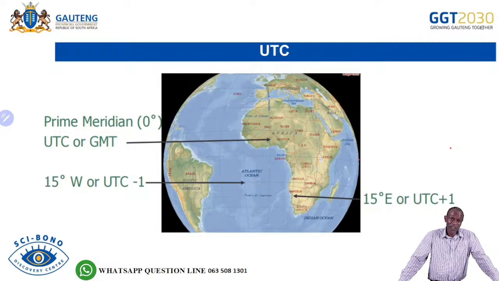We have alluded to the fact that the space between the two longitudes represents 1 hour, or a rotation of the Earth by 15 degrees. So 15 degrees on a time zone map is equivalent to 1 hour.